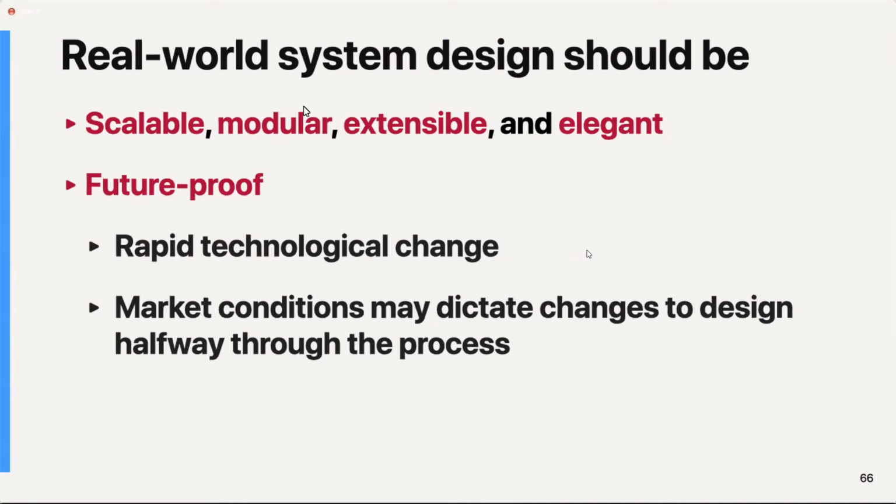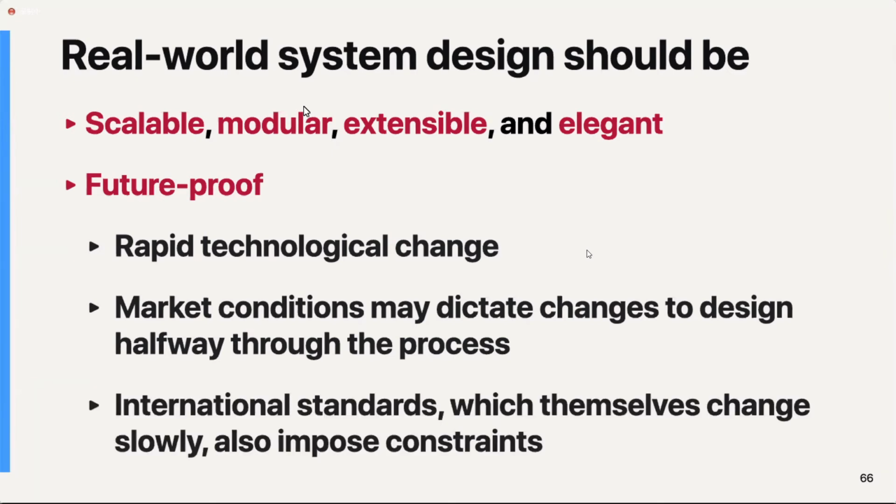In other words, our design should be more flexible and more accommodating for future design changes. Some of the design changes can also come from international standards, which themselves change very slowly. They also impose constraints. Sometimes your design will have to conform to these standards so that you can be interoperable with other systems that other people designed.